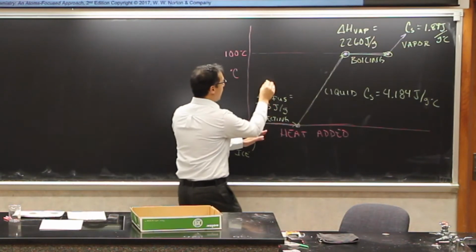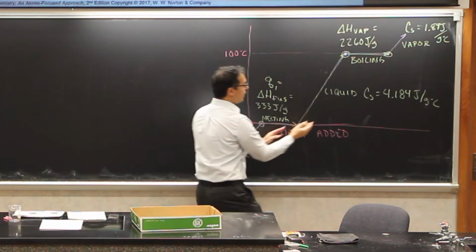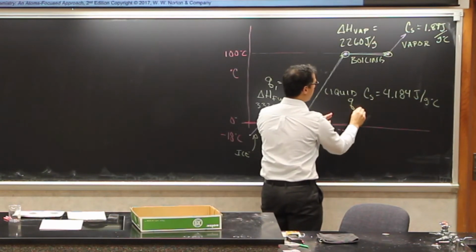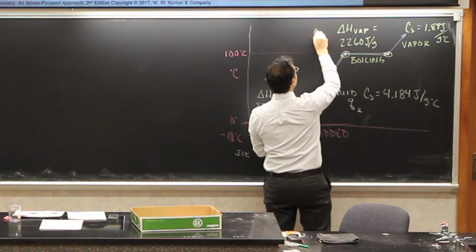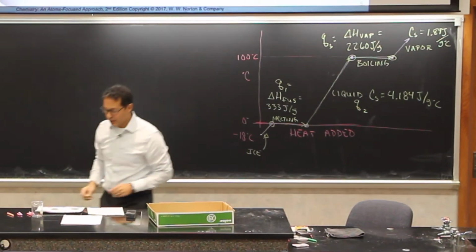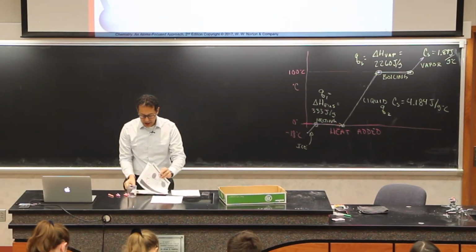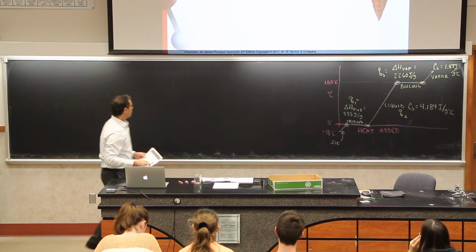We're going to have an enthalpy 1 here, another one here, 2, and then a third one up here, 3. So we're going to have 3 different enthalpies. And when we add them all together, that should give us the total amount of energy.